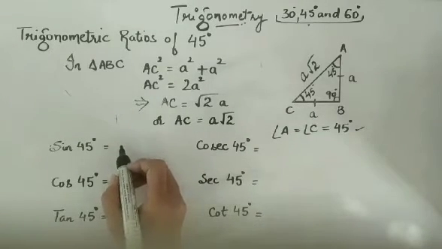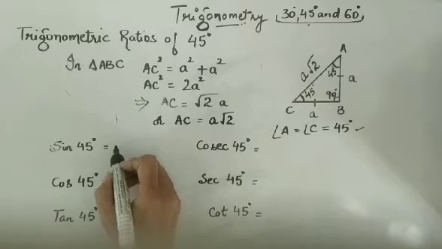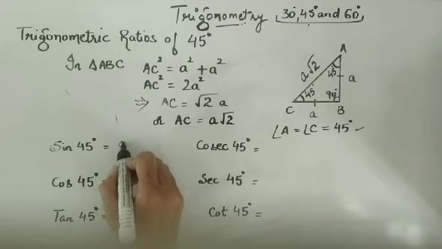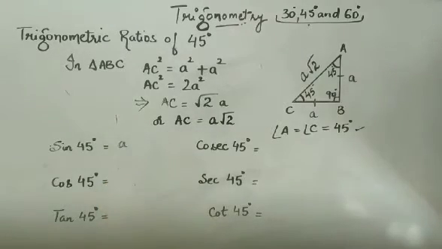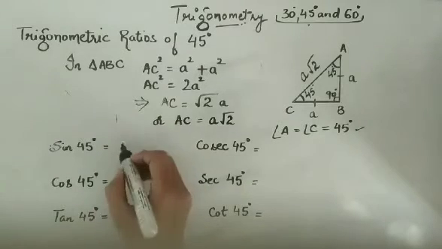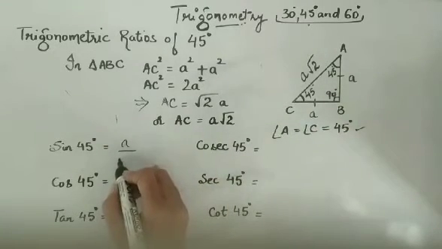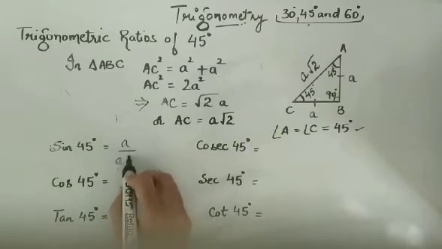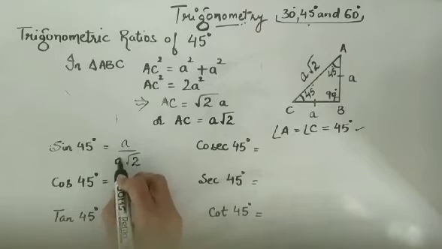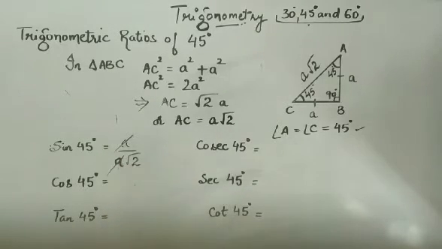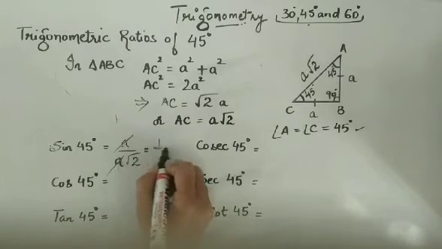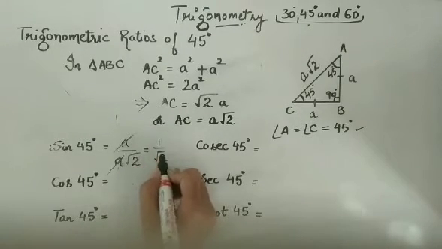Sine 45 will be perpendicular, which is A, upon hypot, which is A by root 2. So A and A would cancel and the value for this becomes 1 upon root 2.